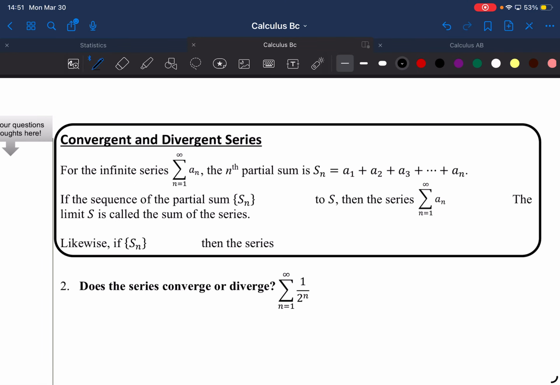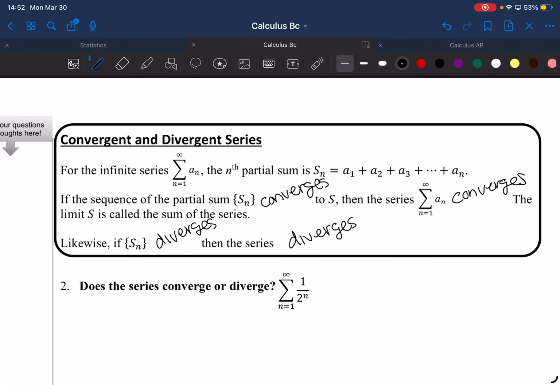So it says for an infinite series, the nth partial sum, S sub n, is equal to the following, so adding all the terms together. If the sequence of the partial sums is convergent or converges to S, then the series also converges. So this is a direct relationship. The same is true for diverging. So if S sub n, which is the partial sum, diverges, then the series also diverges.